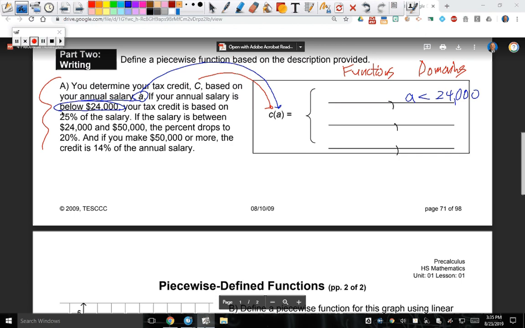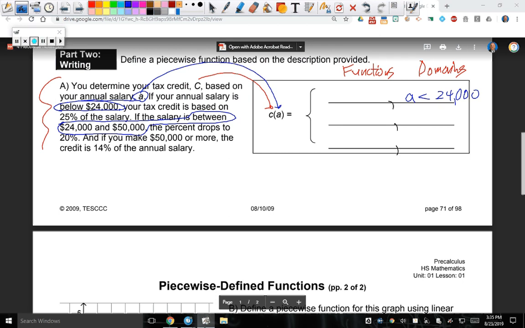Next one says between 24,000 and 50,000. So, I'm telling you right now, if you see something that's in between two numbers, the default is don't include them. Do not include them with brackets. If you say between and just between, think of it as parentheses.